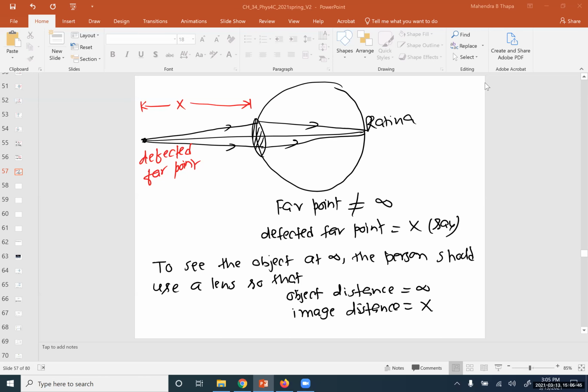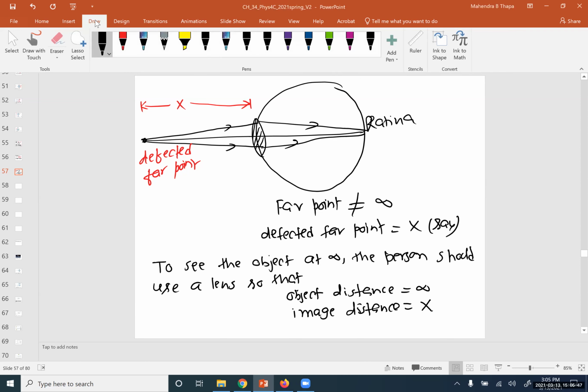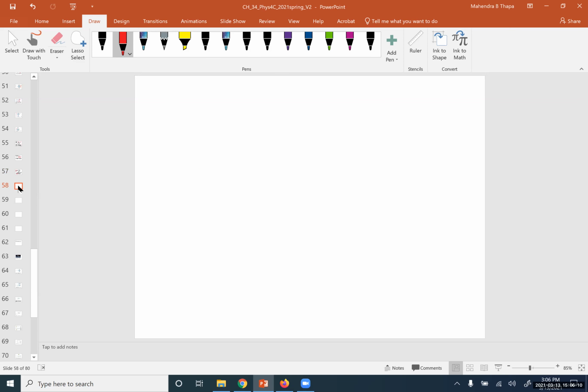And in this case, let's see which kind of lens we should use. We say that we need a lens, but which kind of lens? Either concave or convex. So we have to decide which lens we should use. To understand this part, I will write one thing here, just as a note.